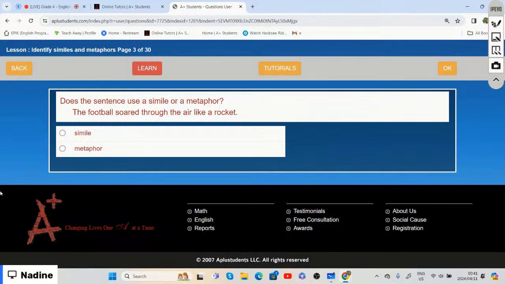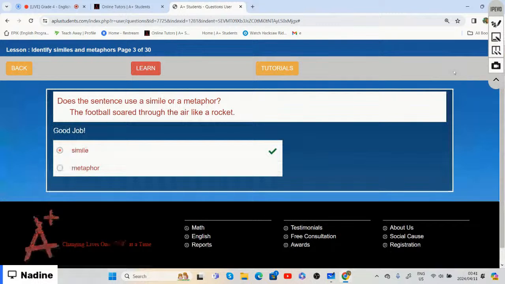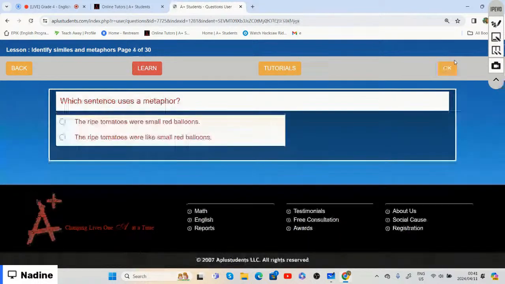Especially with "like a rocket", we can say this is a simile. Option one, simile, correct. So well done.